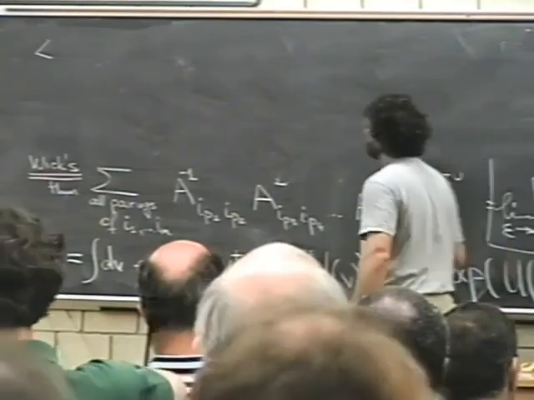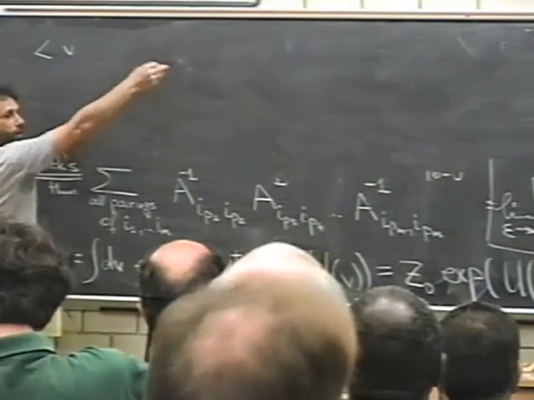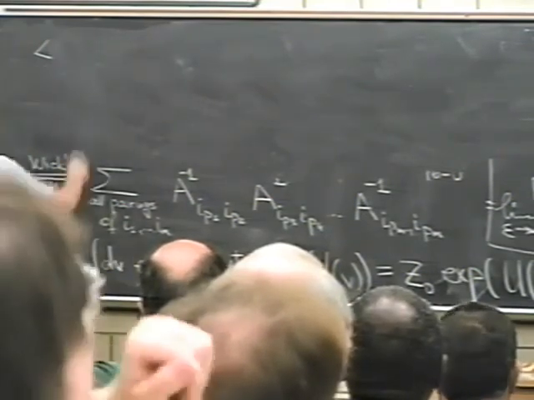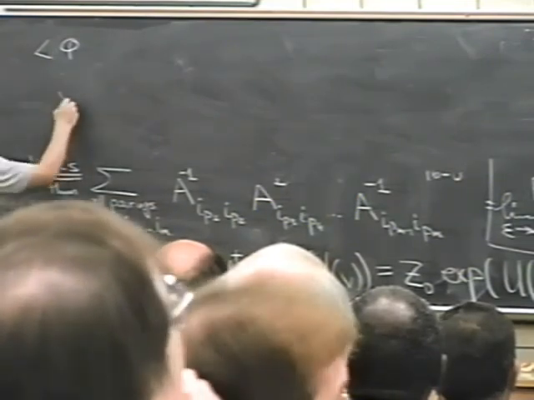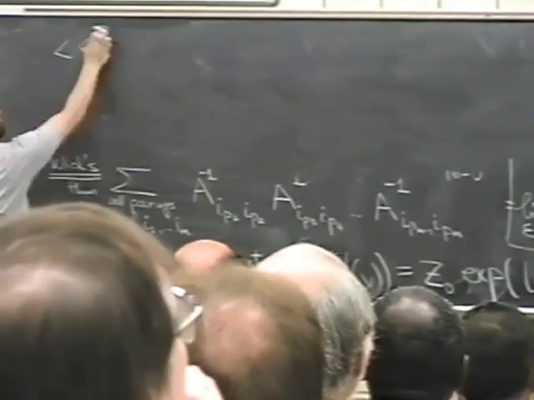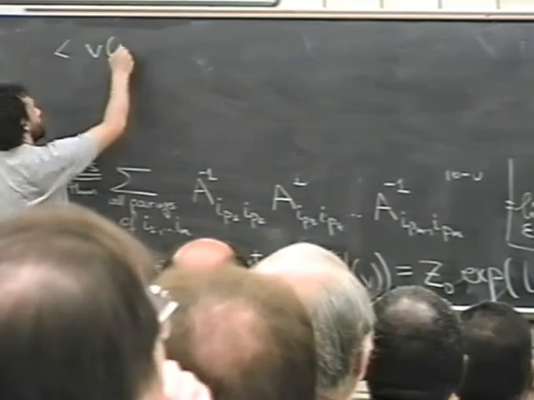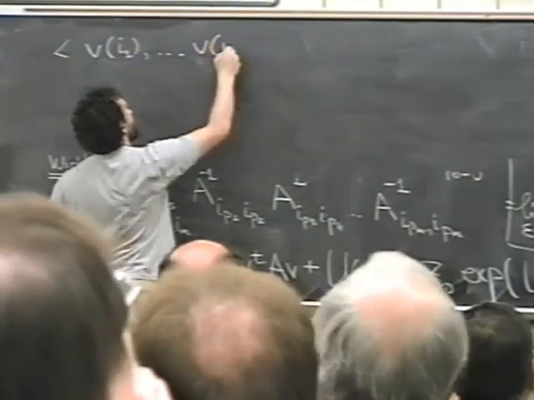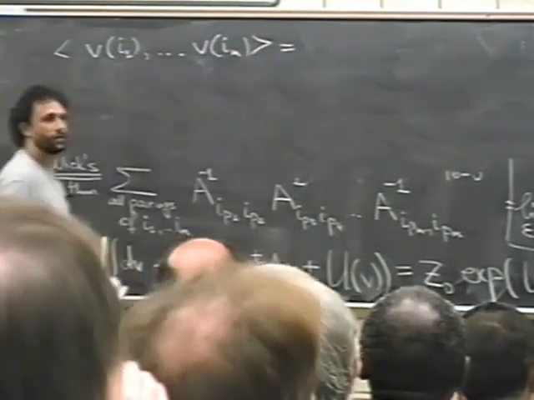Before, these were coordinates vi1, vi2, etc. Now these are just phi's in different points. Let me recall that before I had vi1 up to vim equals something.